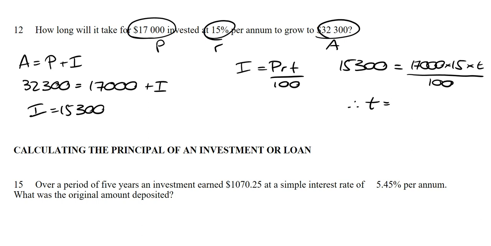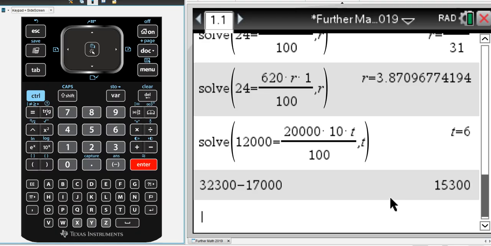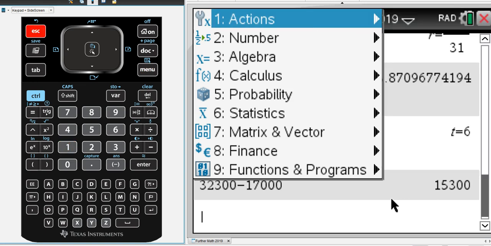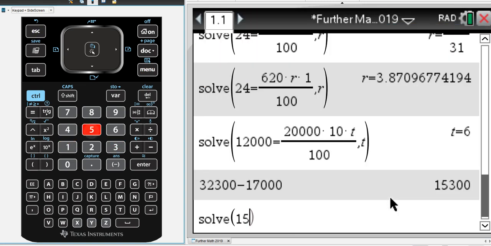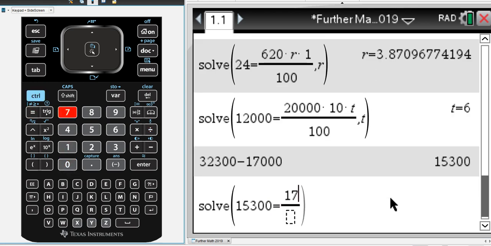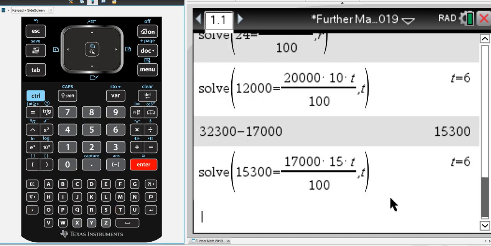Therefore, T equals, and I go to the calculator, so menu 3, 15,300 equals fraction 17,000 times the rate, which was 15, times T over 100, solving for T, 6 years again.